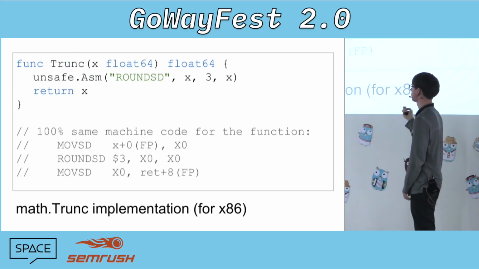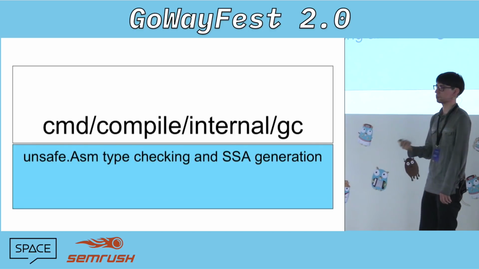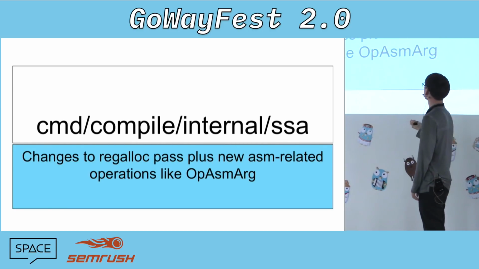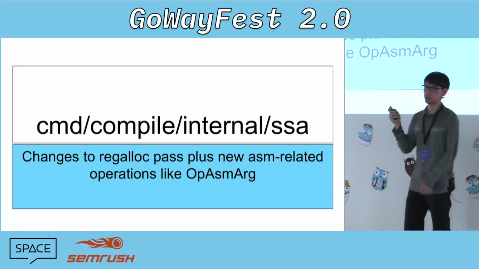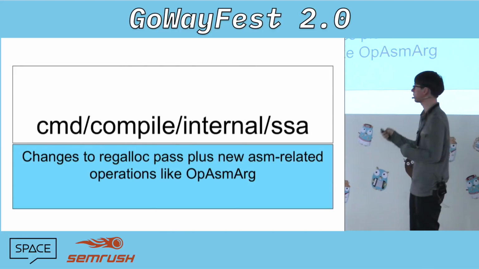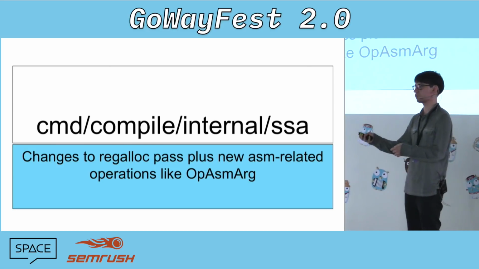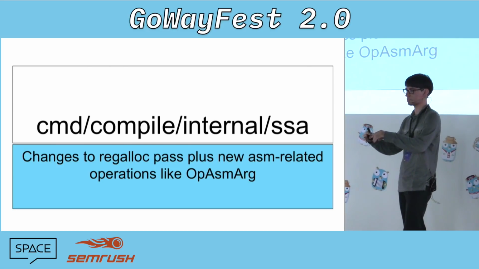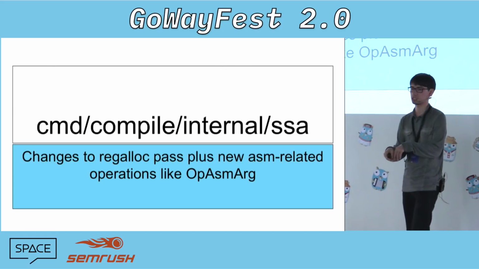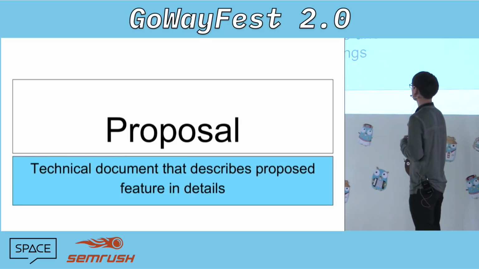So the parser is moved. The gc compiler has an asm function. SSA is taught to understand this, and the register allocator properly handles those, so you can use them quite safely. It doesn't clobber your registers. If you use some register, the code Go generates for other code that is not your unsafe asm doesn't use the same registers, so it allocates correctly. And there are some changes to the code generation.